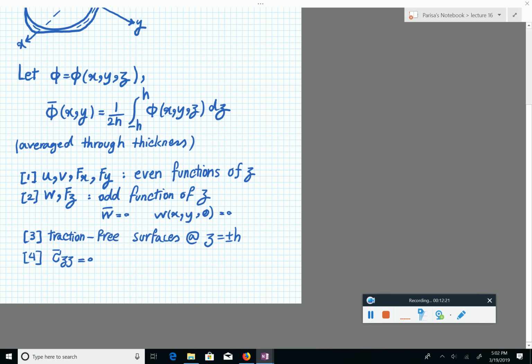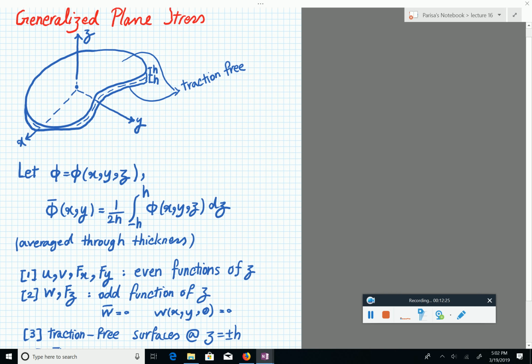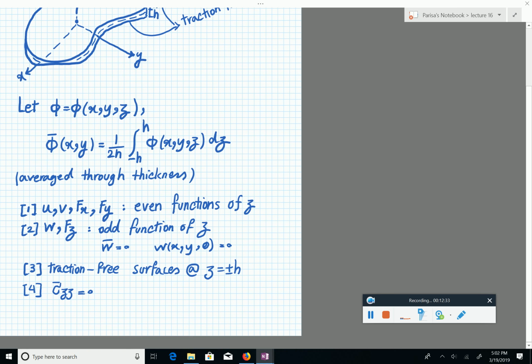And the equations, I'm not going to write the equations here, but they would look like the plane stress equations. Instead of having the fields, you have averaged fields. So just to give you an example, if you look at the Beltrami-Mitchell equation, it would look something like that.